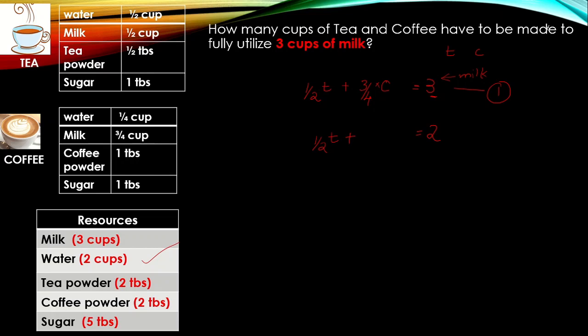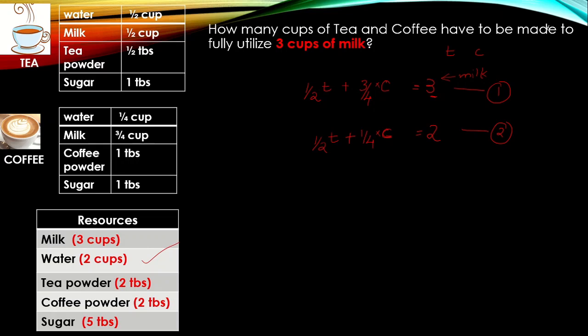Plus, for coffee, I need only 1/4 cup of water for 1 coffee, times the cups of coffee I am going to make. This is the quantity of coffee and tea I am going to make out of this. So I am going to solve this.